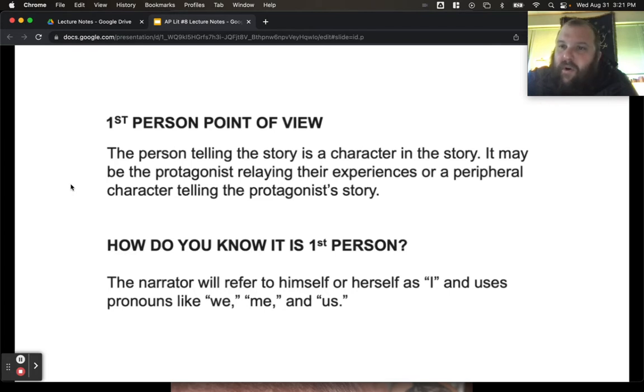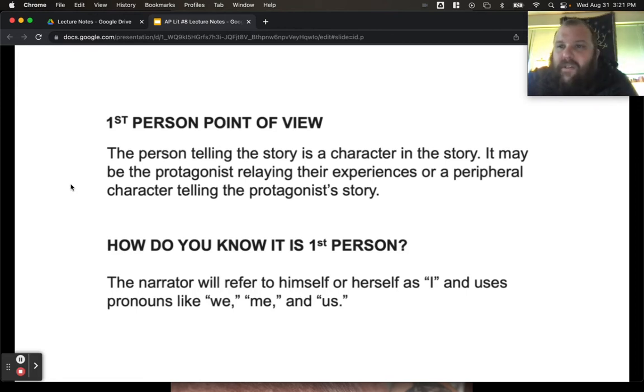A first person point of view means that narrator is inside the frame. They are either the main character experiencing the events themselves, or they are a character who is also within the frame and is recalling events of another character.